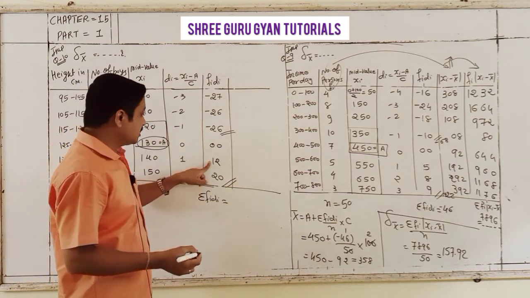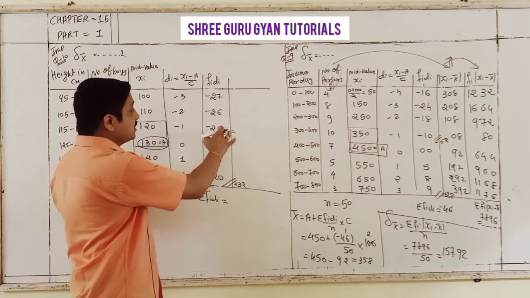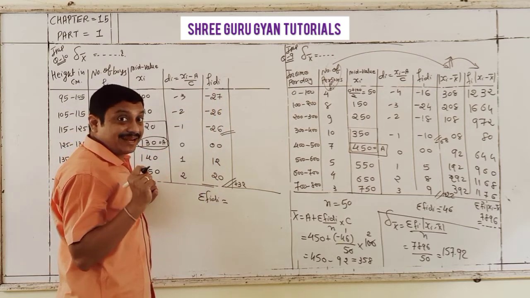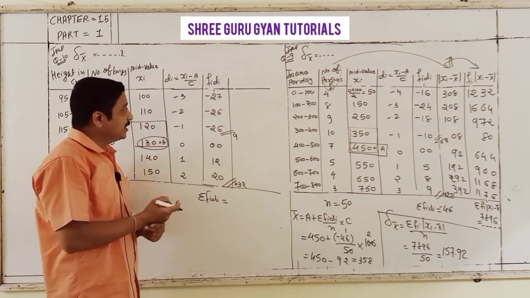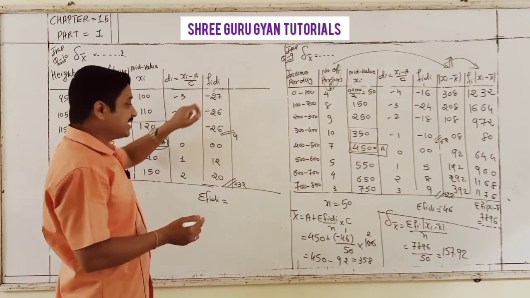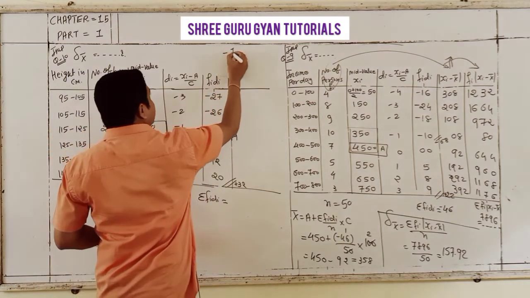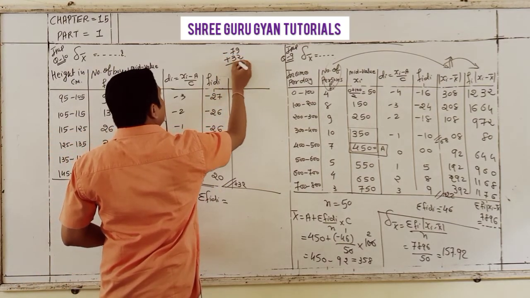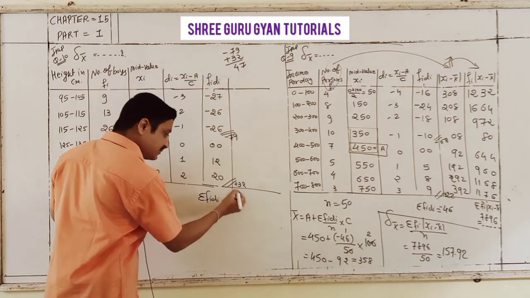Here 20, 30, 32 plus, 6 3s are 18 plus 1, 19, 1 carry. 2 4s are 8, and 7: minus 79 plus 32. It will be 47. So your answer is minus 47.